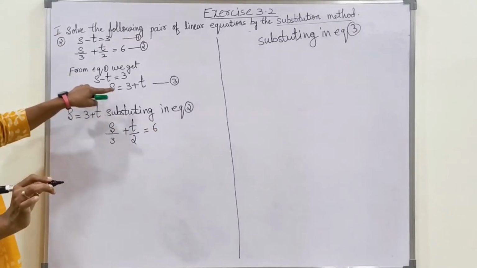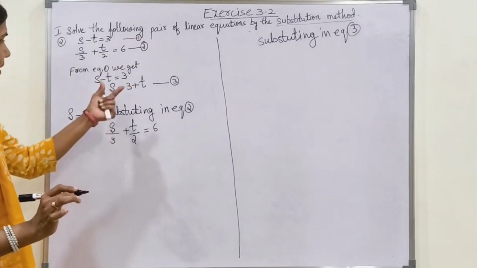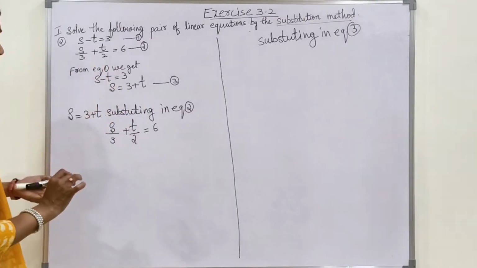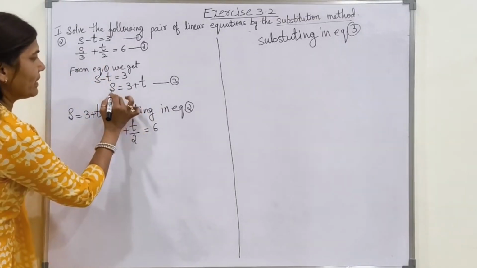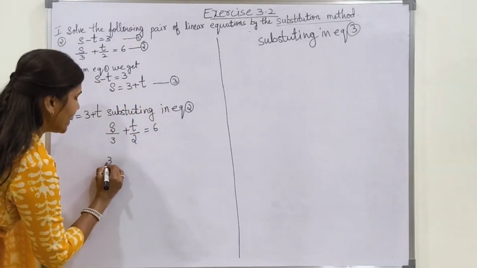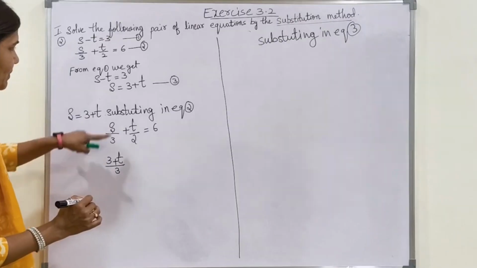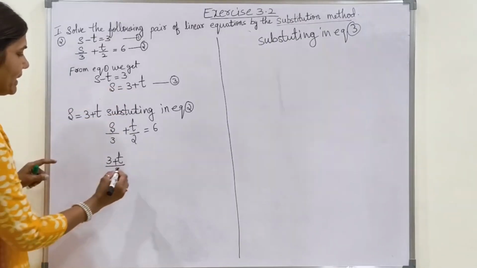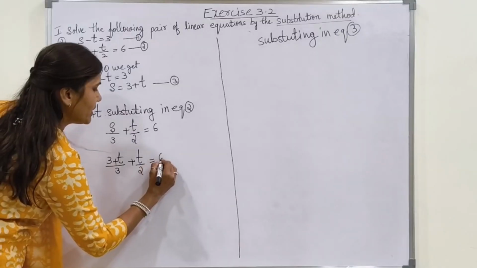Where s is there, you apply 3 plus t. So (3 plus t) divided by 3 plus t by 2 equal to 6.